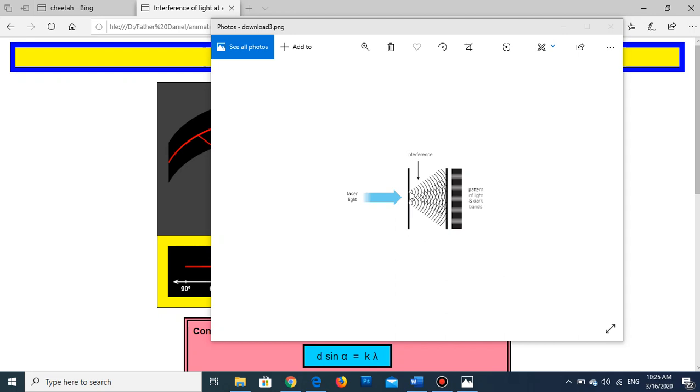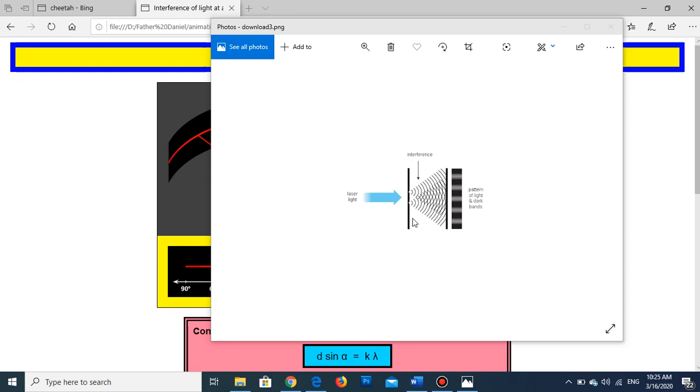And if there is a phase difference between them, the phase difference must remain constant. If this condition is satisfied, then we will observe a stable pattern, which means that here we will always see a light band or light fringe. Here we will always see a dark fringe.